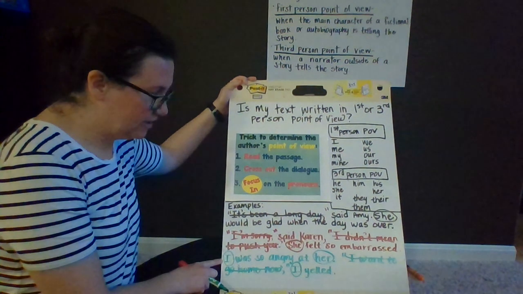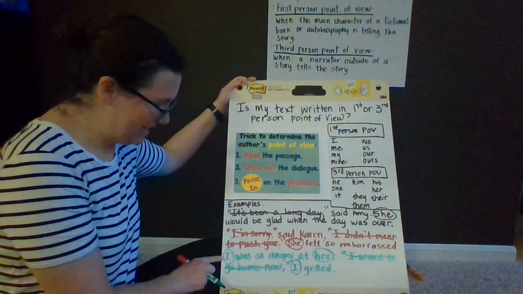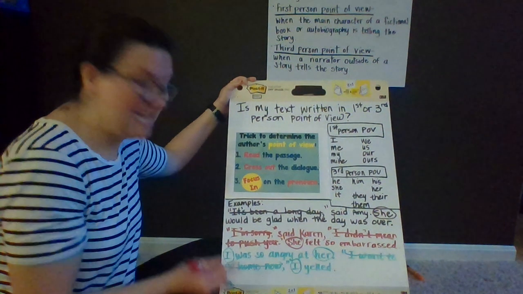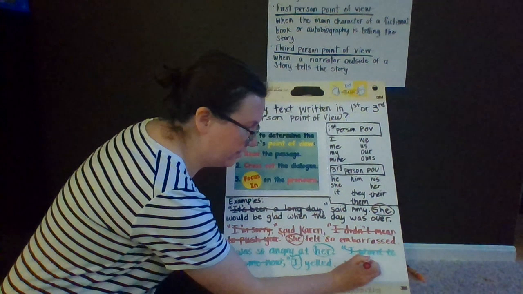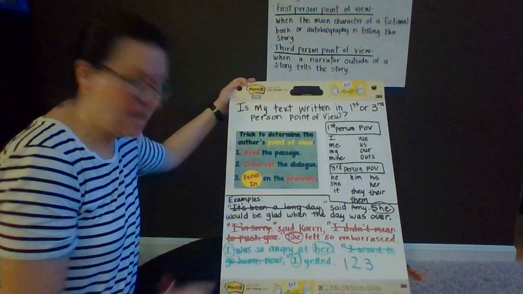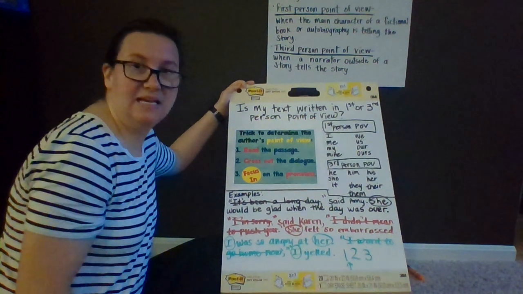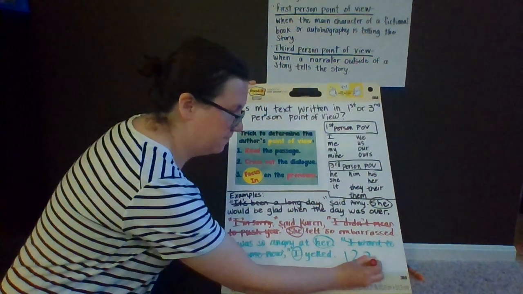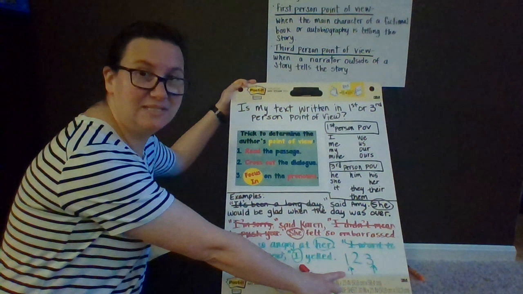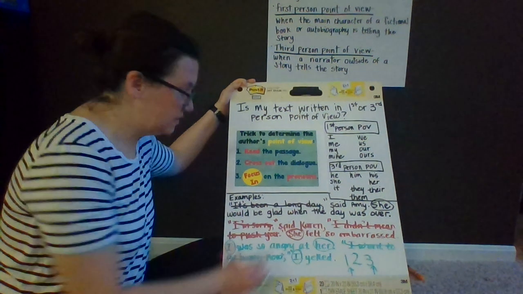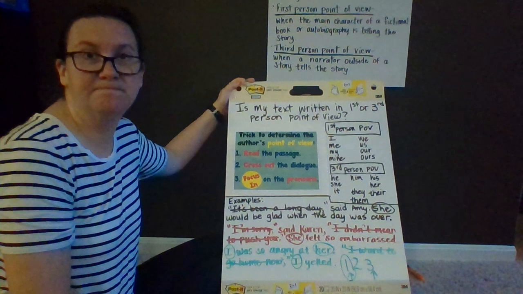You are going to take a look at which one of these comes first. And it's not first in the sentence, it's a numerical first. So if I have a 1 and a 3, I have something in first person and I have something in third person. First person shows up first on a number line, so this text is written in first person.